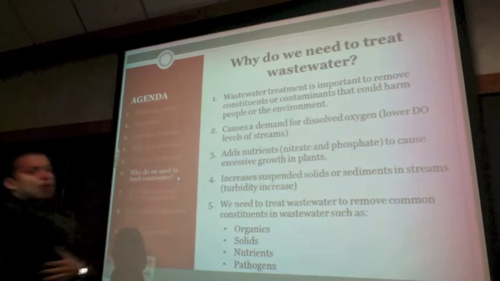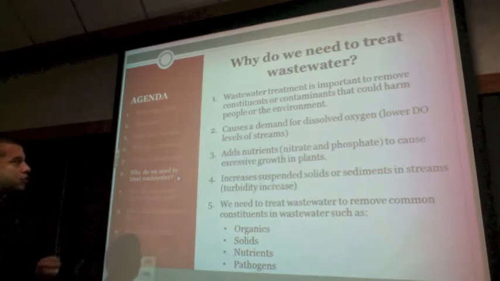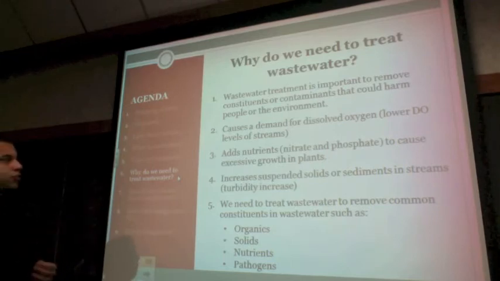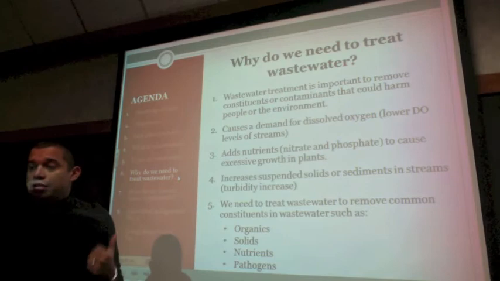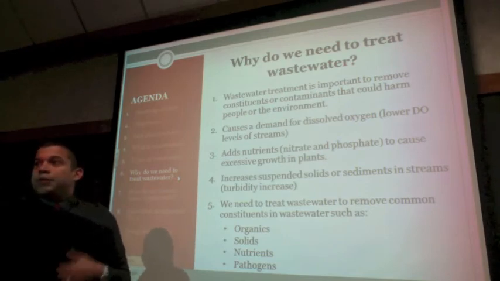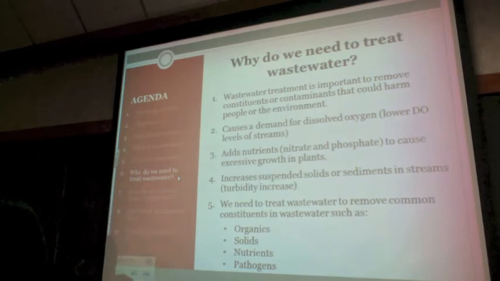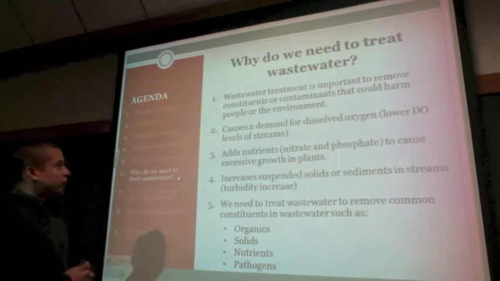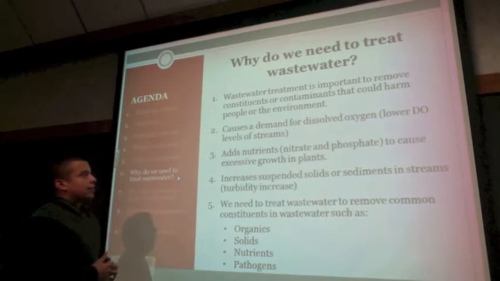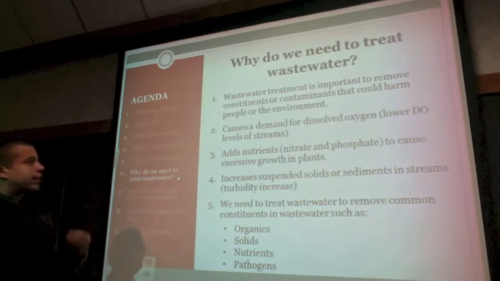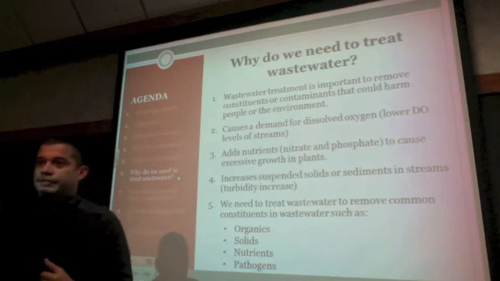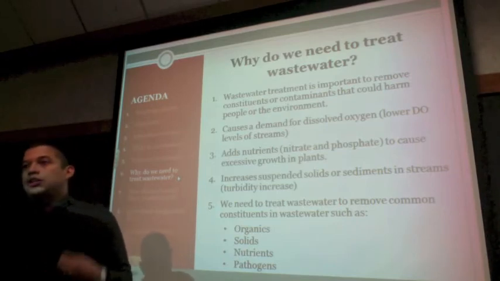In other words, it lowers dissolved oxygen levels or concentrations in streams. We would like to keep those levels high because the quality of the aquatic life depends on these levels. Number three, it adds nutrients, nitrates, and phosphate to cause excessive growth in plants, which is also called eutrophication.